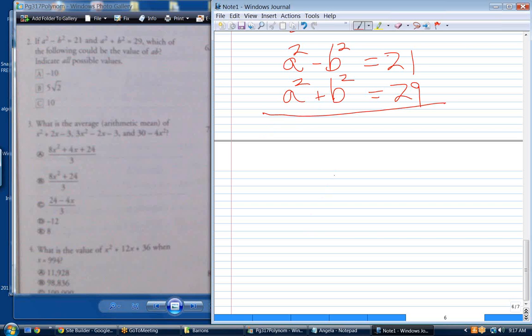So what's a equal to? Well, if I add these two equations, I get 2a squared equals 50, which makes a squared equal to 25.